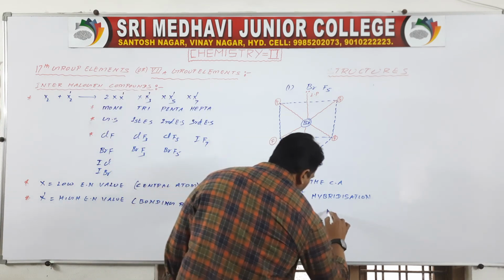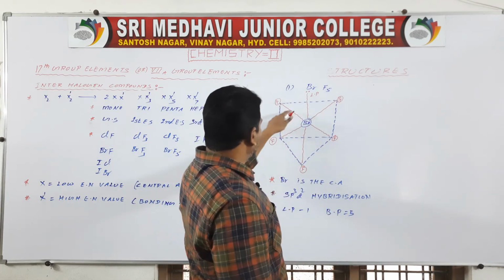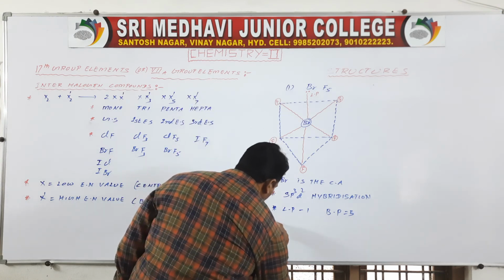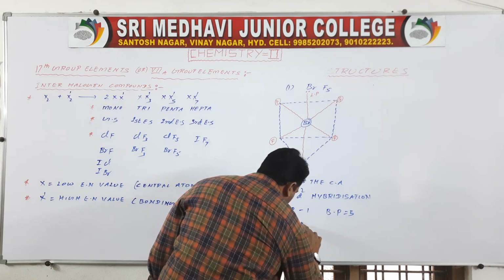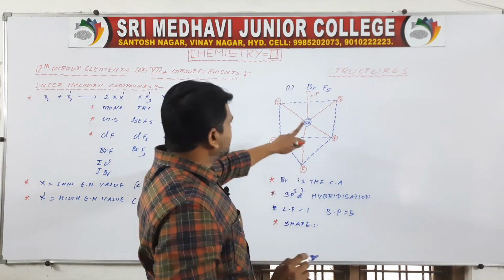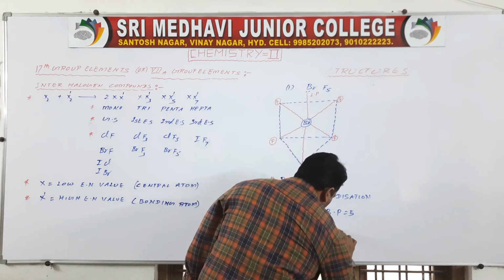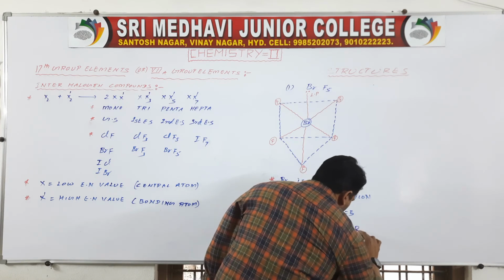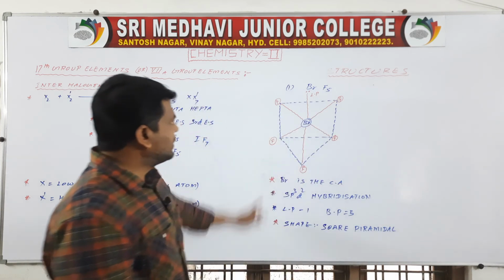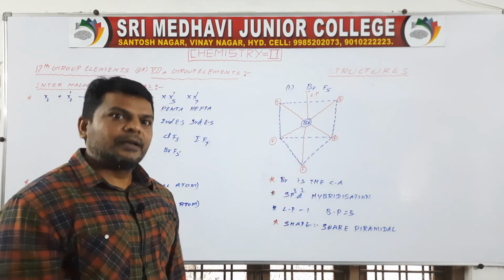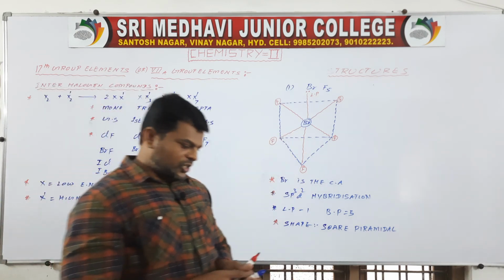Lone pairs 1, bond pairs 5. So the shape of the molecule is square pyramidal. So this is briefly the BrF5 structure.